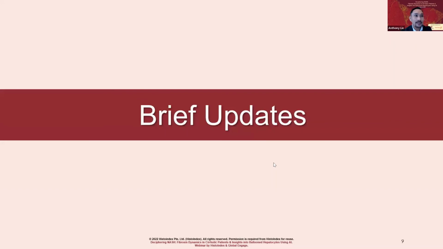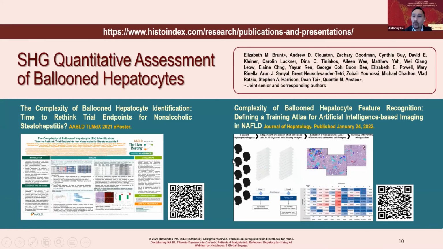You may be keen to read up on the ballooning paper that Quentin has just talked about, and I would like to share with you where you can get a hold of this paper. The paper titled Complexity of Balloon Hepatocyte Feature Recognition, Defining a Training Atlas for Artificial Intelligence-Based Imaging in NAFLD is published in the Journal of Hepatology, and it is available as free access for download.